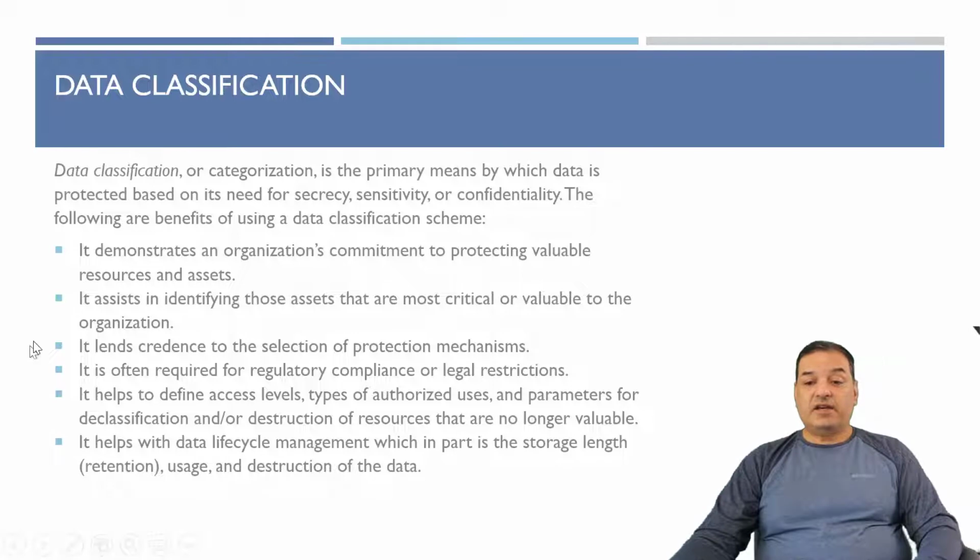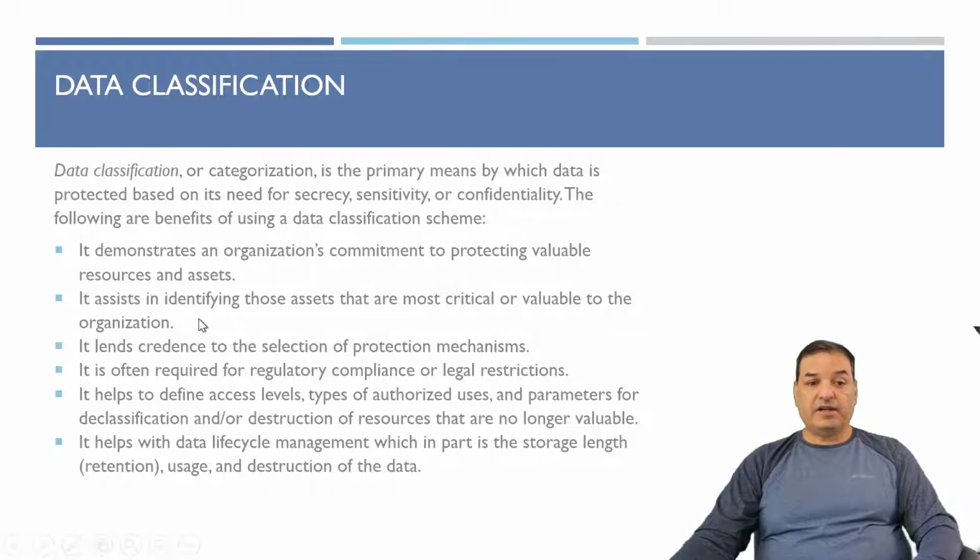Data classification, an extremely important topic, is a primary means by which data is protected based on its needs for secrecy, sensitivity, and confidentiality. The following are the benefits of data classification. It is a demonstration of the commitment that an organization has to protect valuable resources and assets.